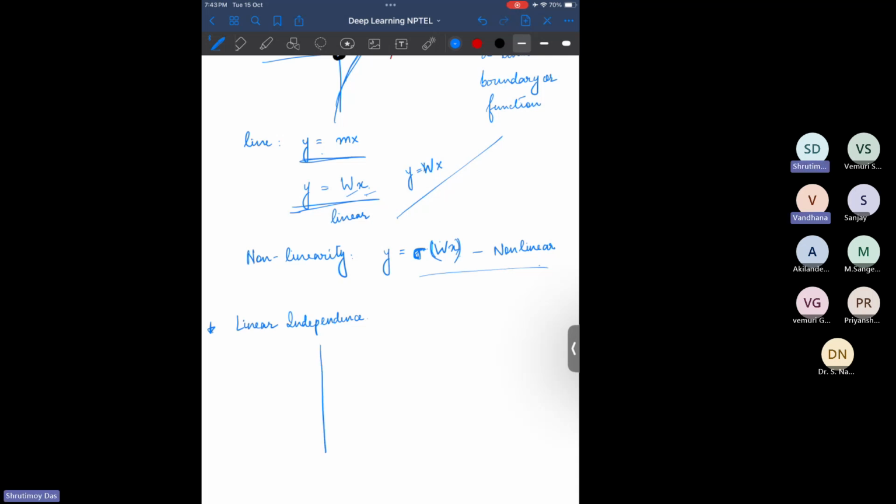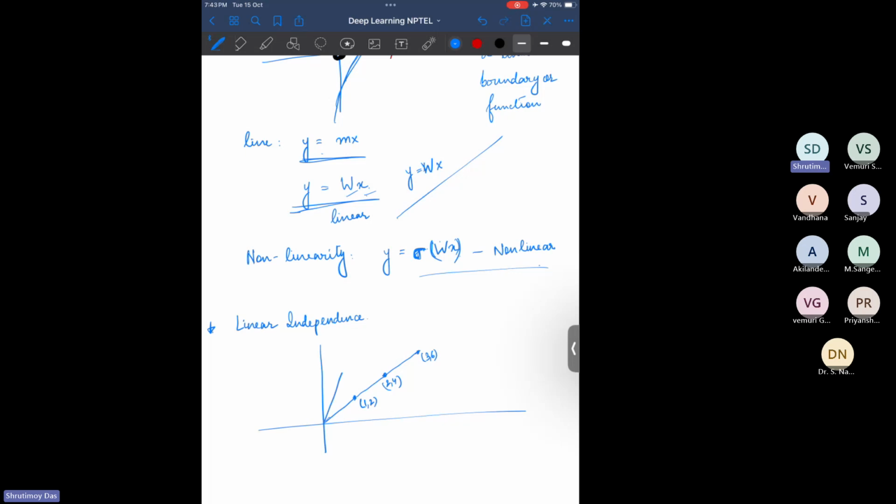So let me say I have a line, and suppose I have a point here, say 1, 2. I have another point here, say 2, 4. Another point here, say 3, 6. These are the locations of the points.